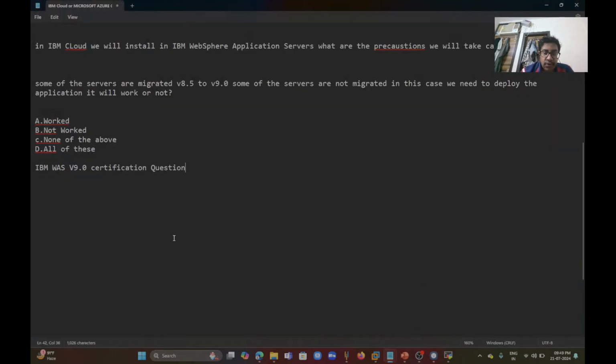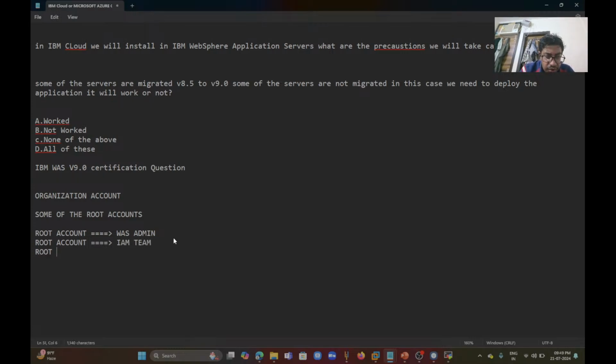There is the organization account. In the organization account, it will come under some root accounts: one root account for WAS admin, one root account for the IAM team, one root account for the AIX team.